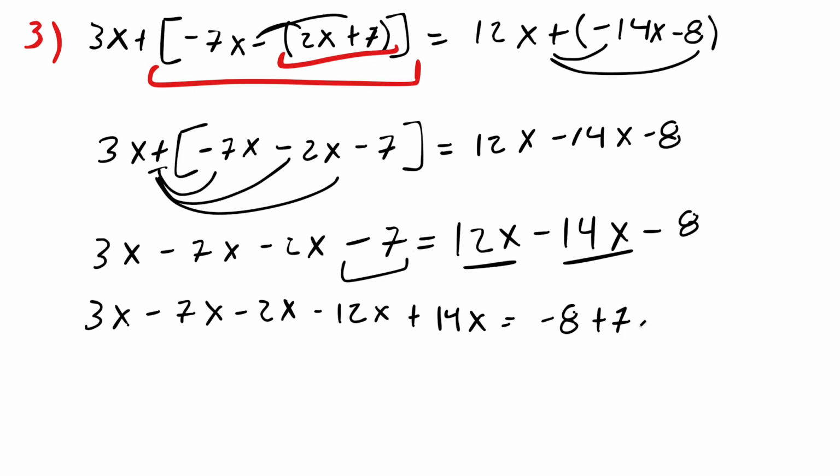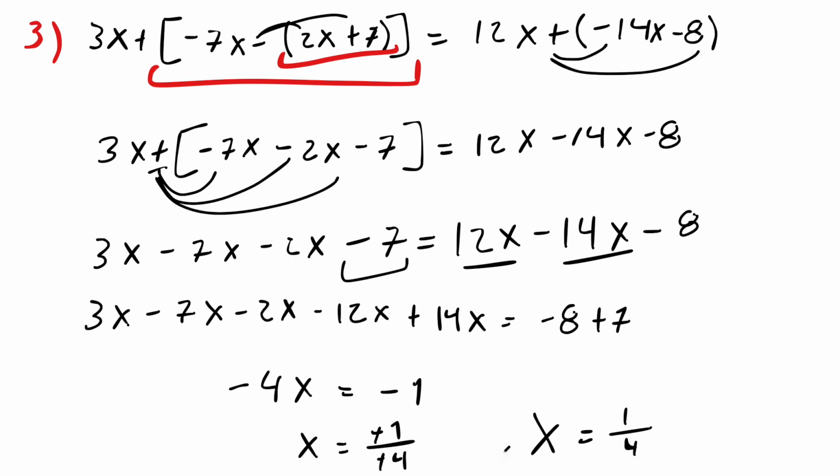All right, 3 minus 7 minus 2 minus 12 plus 14, that would be minus 4. And with what variable? X. That would be equal to minus 1. All right, so x is equal to negative 1 over negative 4, where we cancel out the signs, and so x would be equal to 1 over 4. Perfect, that would be it.